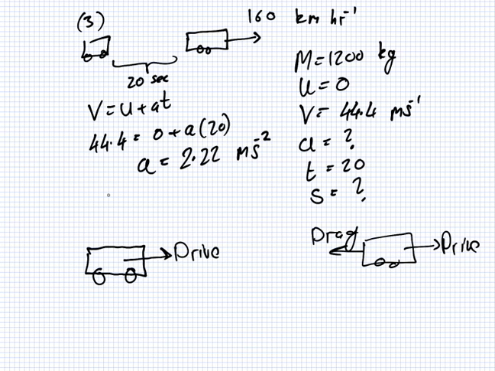Okay? Now if I calculate F equals m a here, with the mass 1200, I would get 2,667 newtons. So my question is, this 2667, is that the drive, or the drag, or both, or neither?